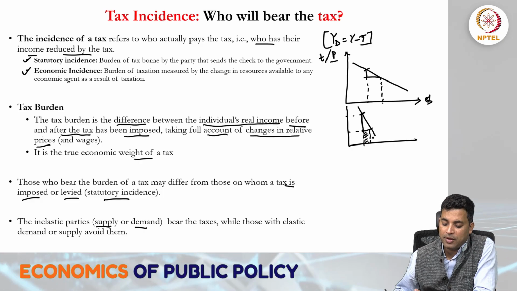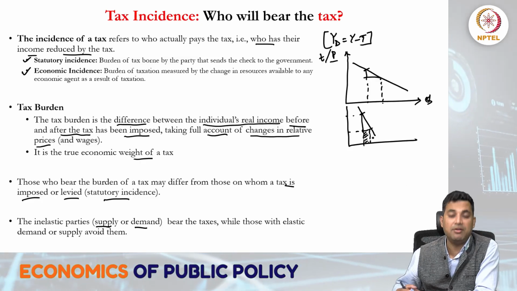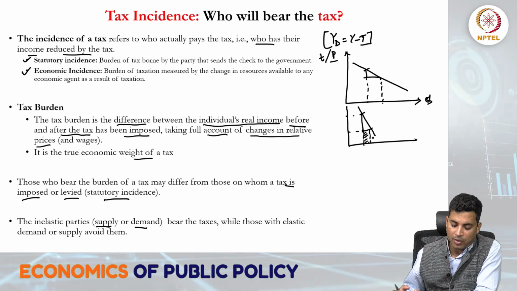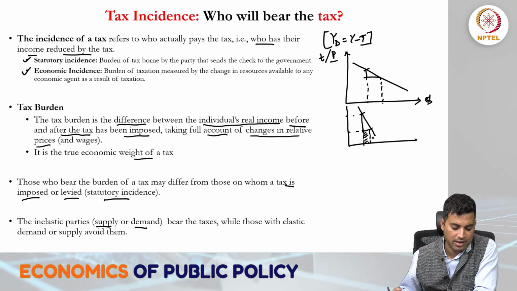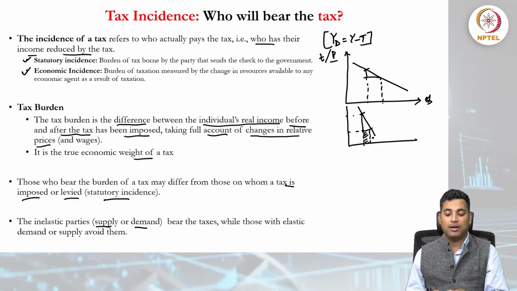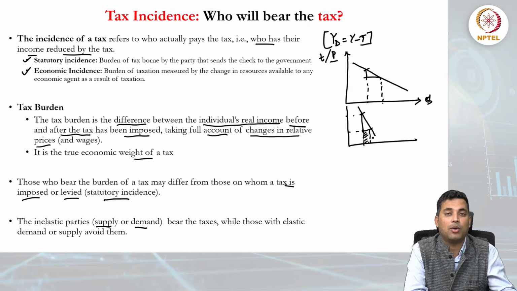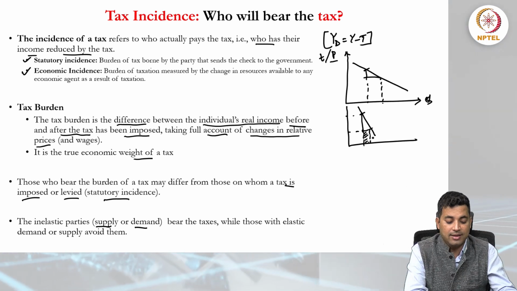Therefore inelastic parties, whether demand or supply, will bear the taxes, while those with elastic demand or supply avoid the taxes. So this is the elasticity debate. Also we can think about tax burden and tax incidence.